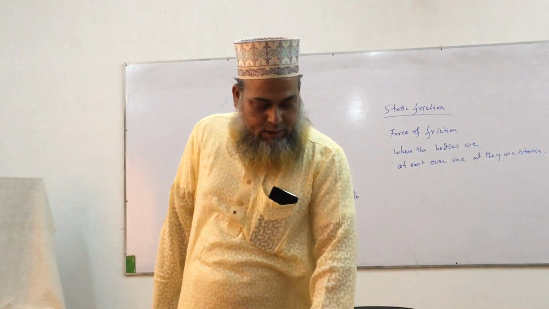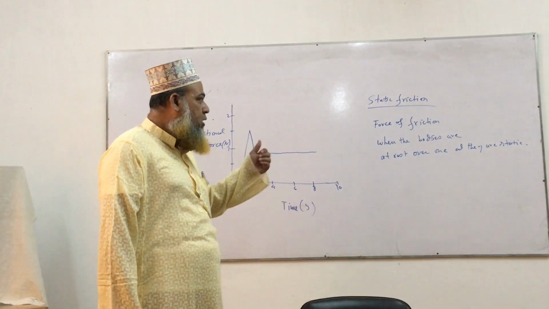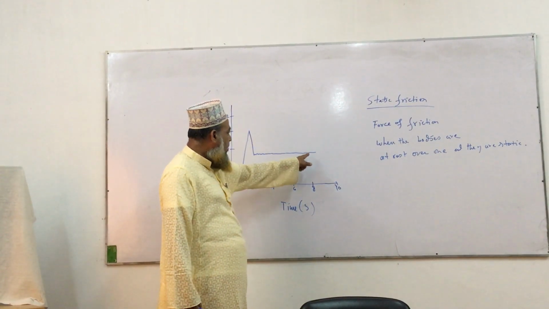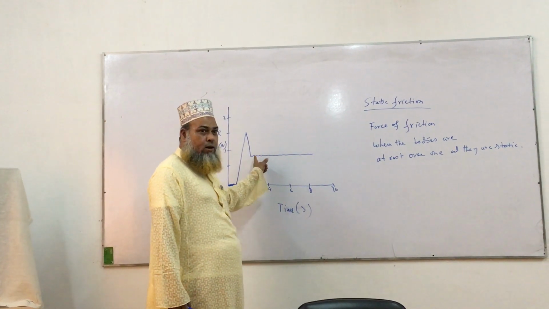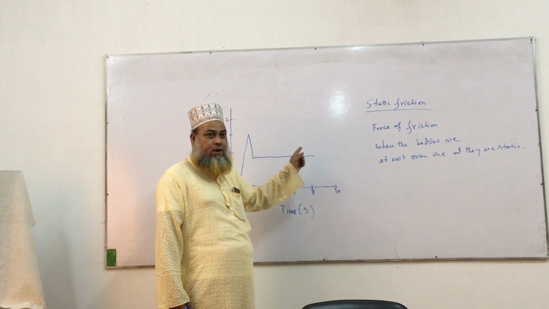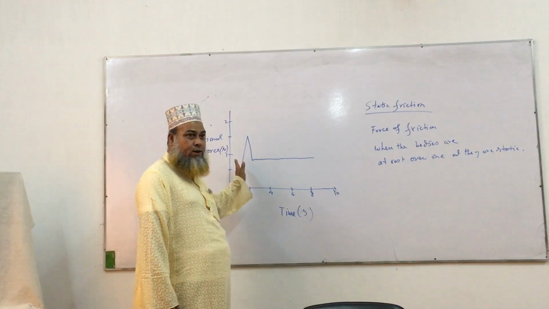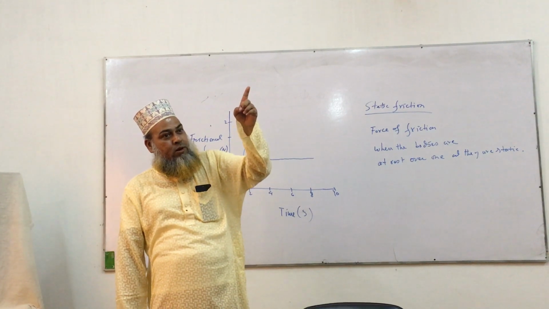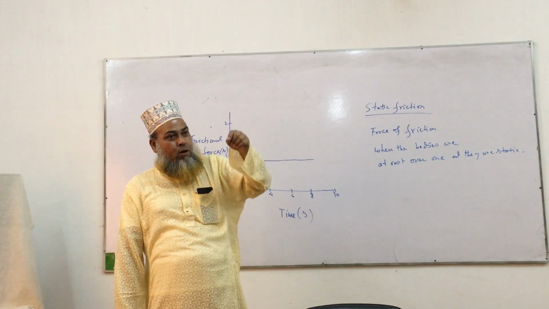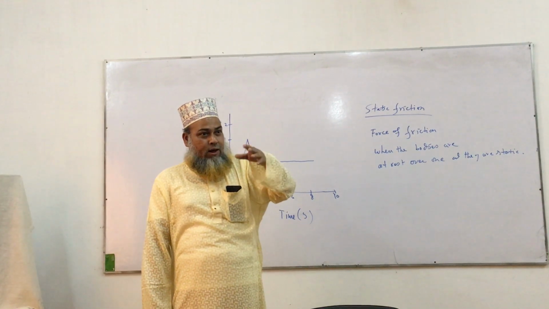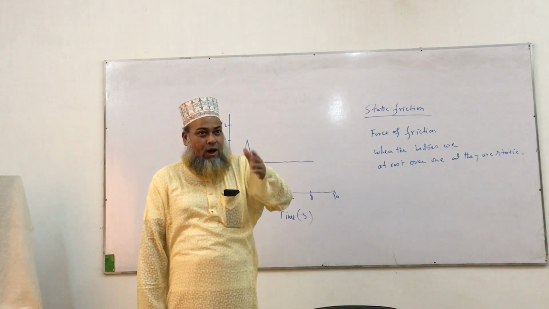Okay, kinetic friction. Kinetic friction is for this portion. In this figure, kinetic friction is constant. In the static frictional case, you have seen that the maximum of frictional force is the minimum of applied force, so there is an inequality.